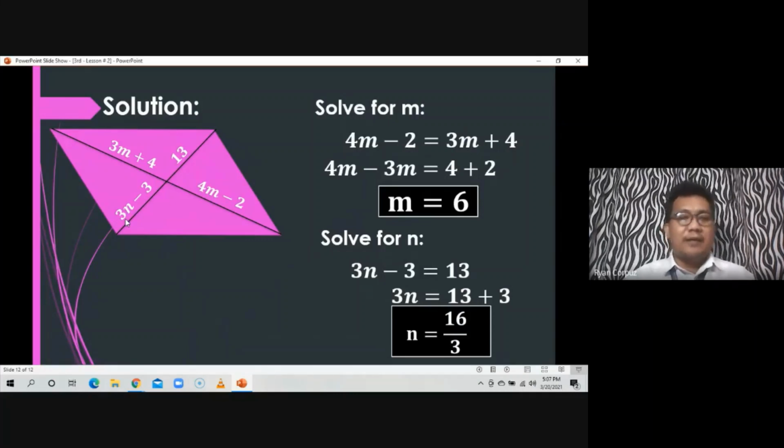Did you get examples 1, 2, and 3? So, hopefully, nakuha yung mga examples natin dyan na ginamit natin yung figure na parallelogram and the different properties that will help us in order for us to solve problems which involves parallelogram.